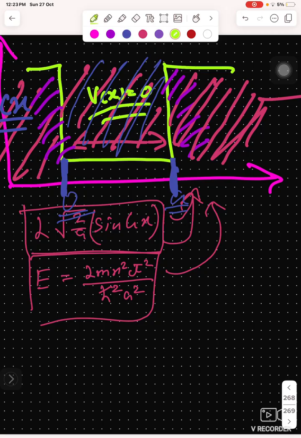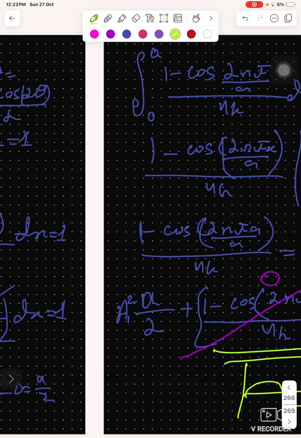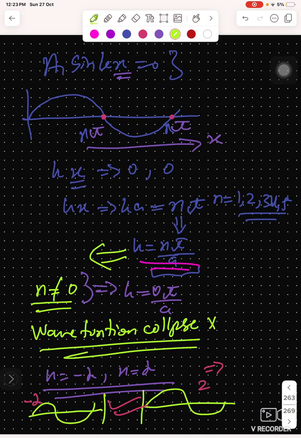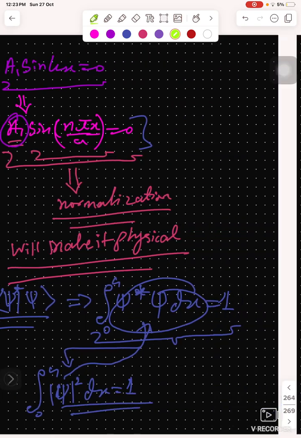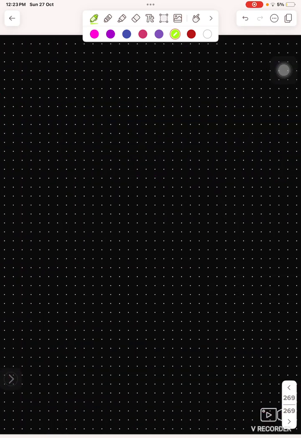Since I completed what the video was about, let's talk about one last thing. What was it? How n equals minus 2 and n equals 2 are the same physically.